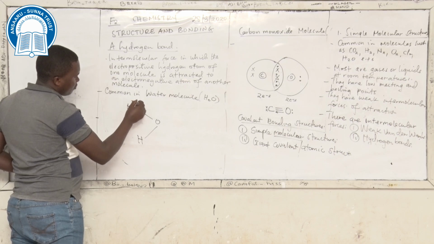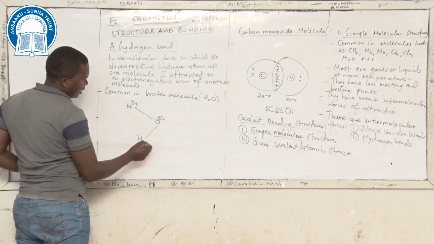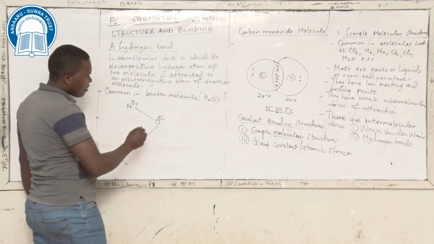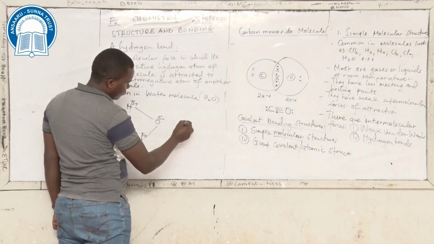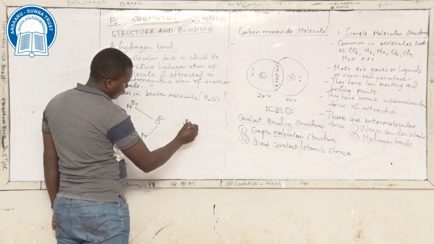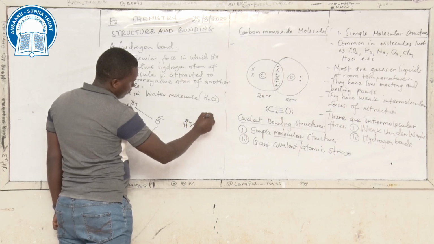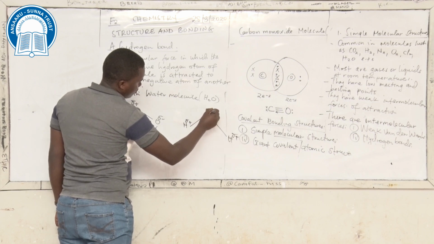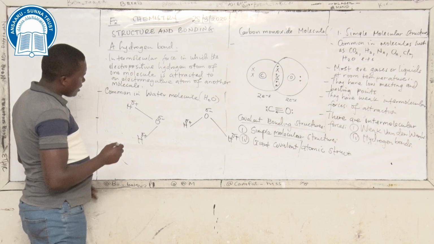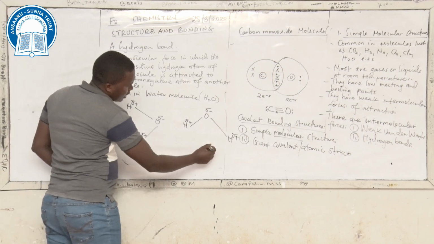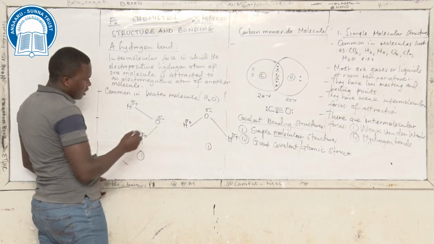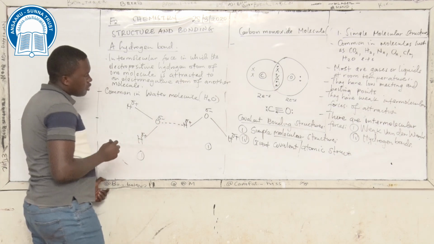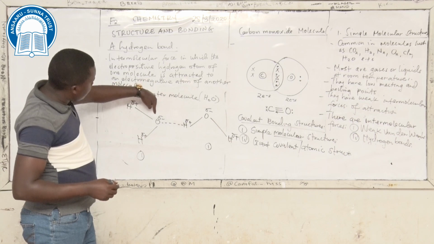This hydrogen is partially electropositive and this oxygen is partially electronegative. So this is just one molecule of water. Then you have another molecule. There will be some attraction between this electropositive hydrogen and electronegative oxygen.